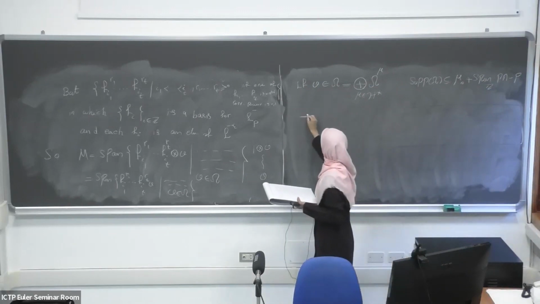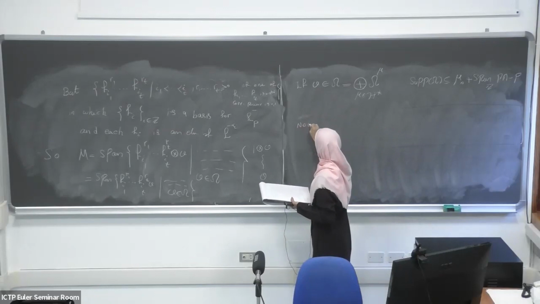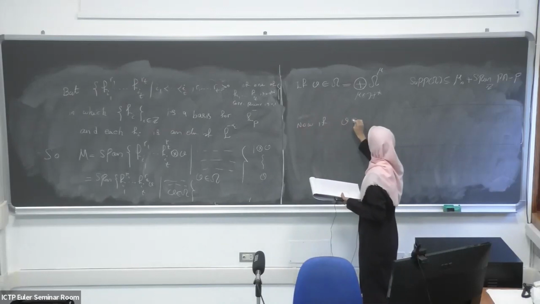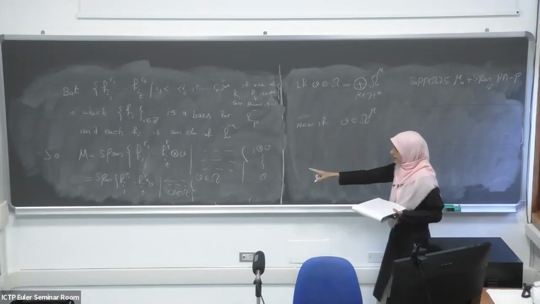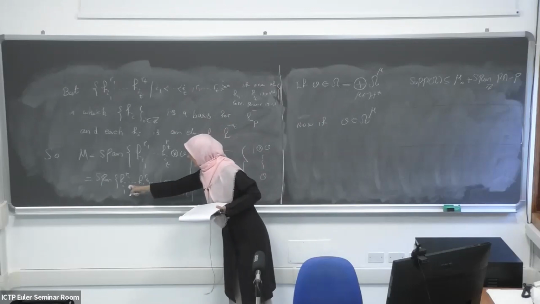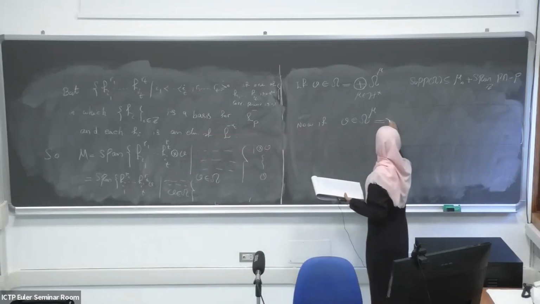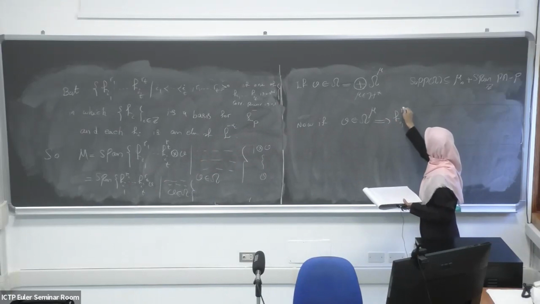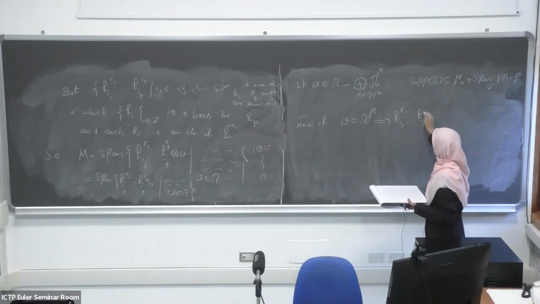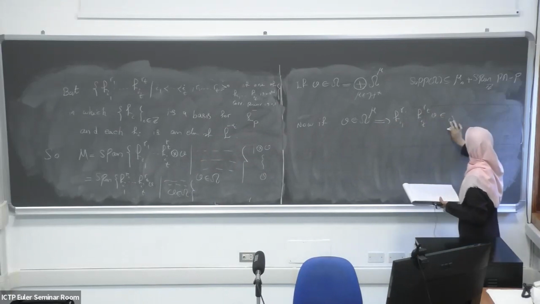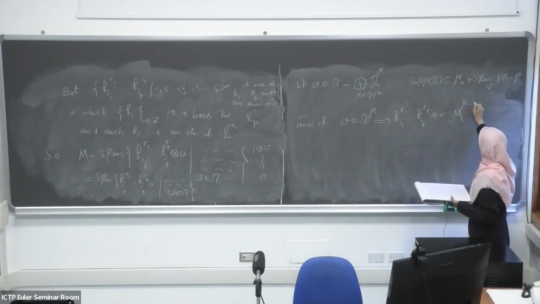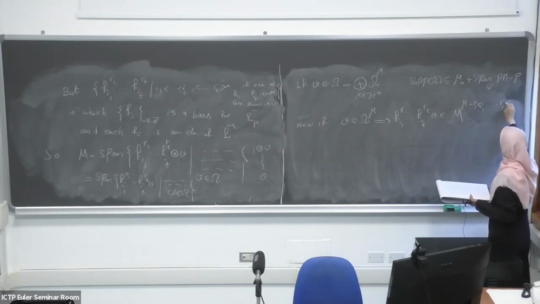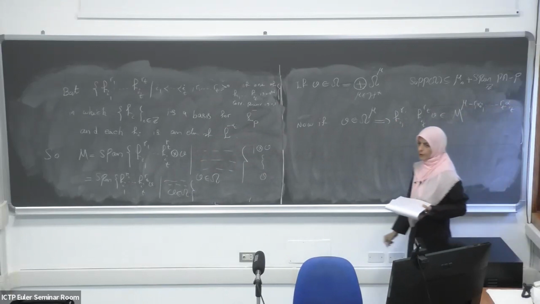So now, V is an element of omega mu for some mu. By the exercise that I told you about, we get that Fi1 R1 ... FiT RT V is an element of M mu minus R1 alpha I1 minus RT alpha IT, right?